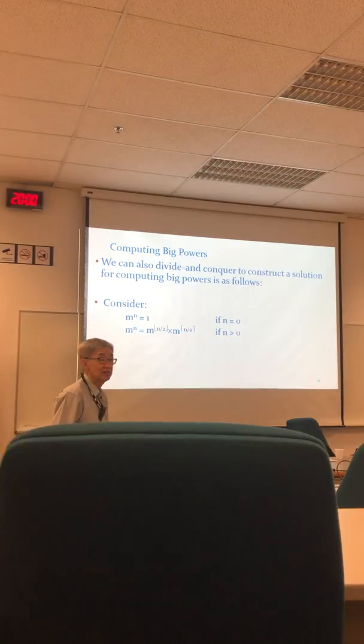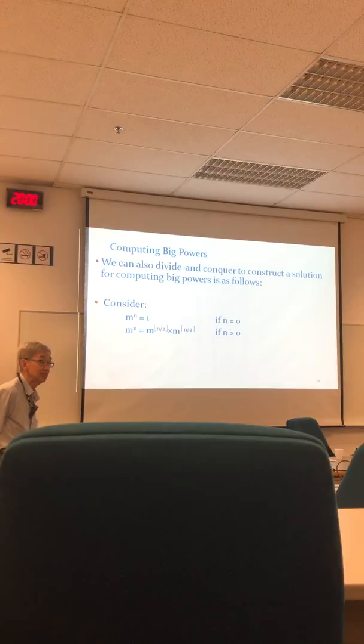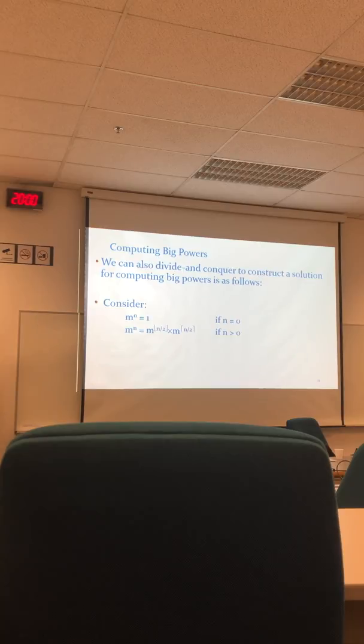What is the floor? The floor is the largest integer that is below the value. So the floor of 101 divided by 2 is 50. How about the ceiling? The ceiling has to be larger, so 51. So round down, round up.